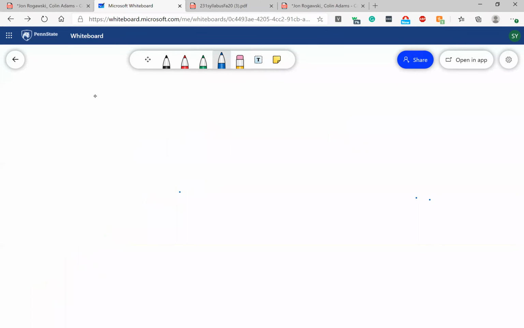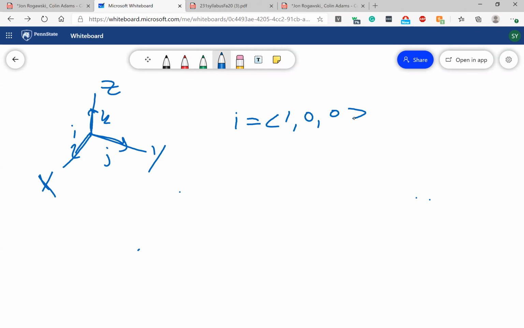If you have the following axes, X, Y, Z, then this is your I, this is your J, and this is your K. So they're definitely perpendicular to each other. Now I is equal to 1, 0, 0. J is equal to 0, 1, 0. And K is equal to 0, 0, 1.